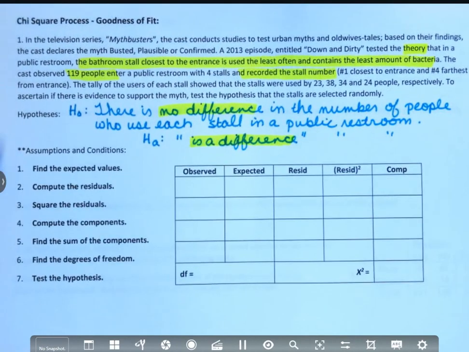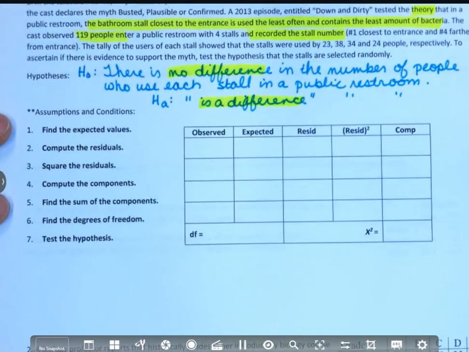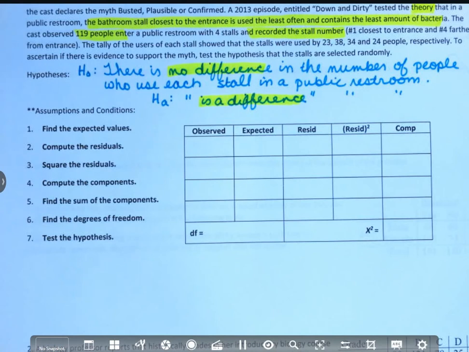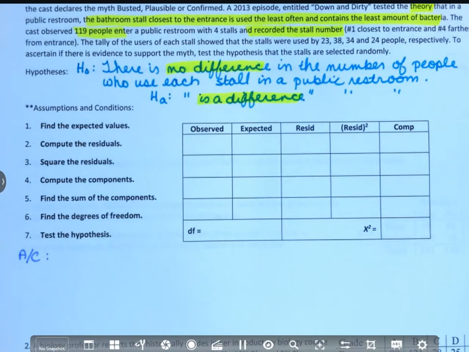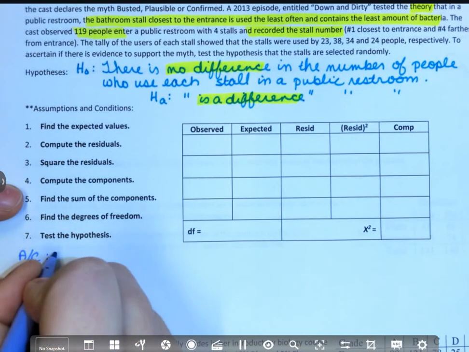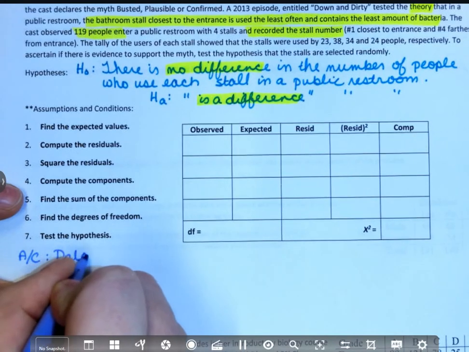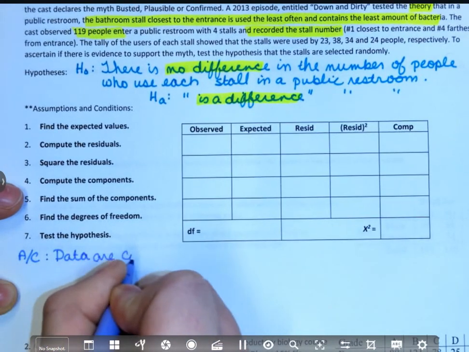Now, for my assumptions and conditions, let's take them down here a little bit. What are my assumptions and conditions for a chi-squared test? Counted data. So the data are counts of what?